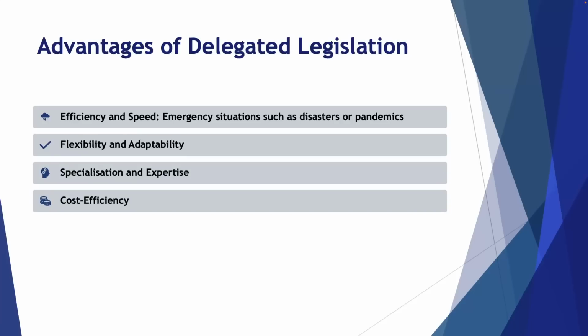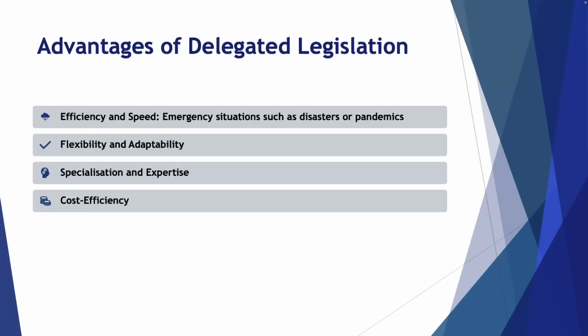Delegated legislation is also very cost effective. The process of passing primary legislation, the process of passing an act of parliament, can be time consuming and costly. And so by delegating certain legislative functions, governments can reduce the administrative burdens and avoid unnecessary expenditure of time and resources in the legislative process.